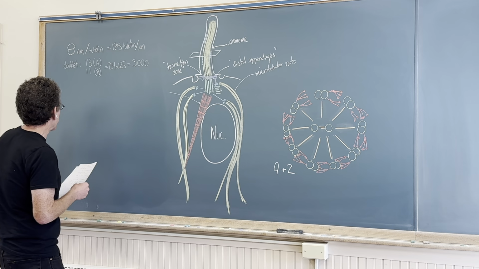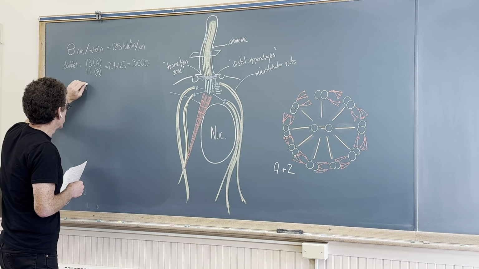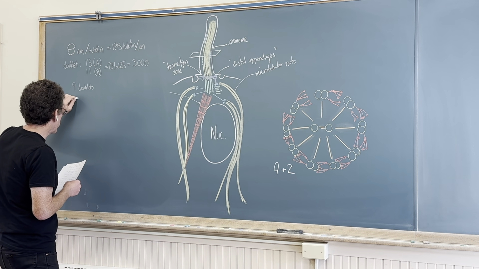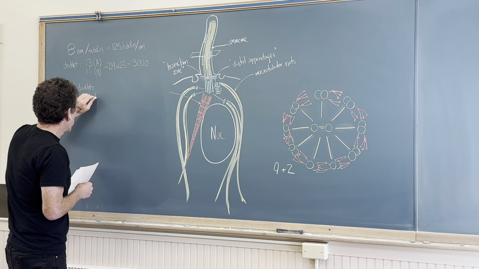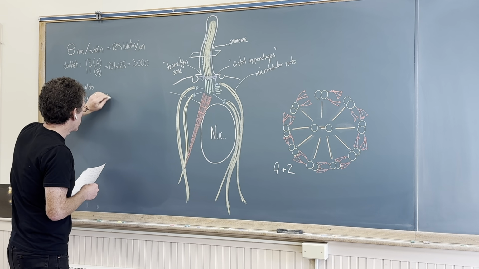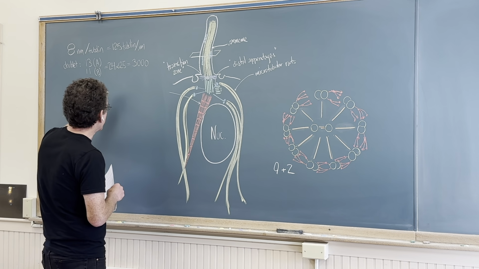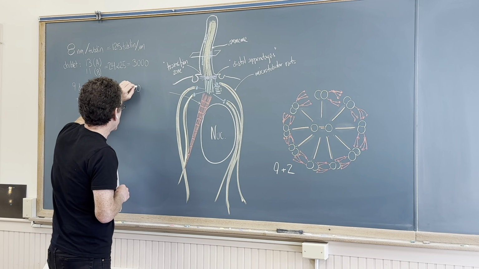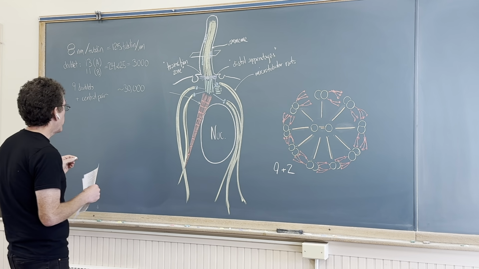Okay, there's 9 doublets. Ooh, but there's also a central pair. So let's just say approximately times 10, that's 30,000, right? 30,000 tubulins per micron of ciliary axoneme.